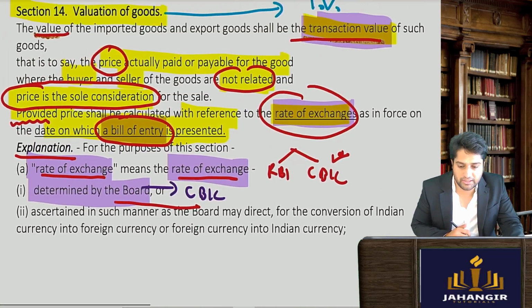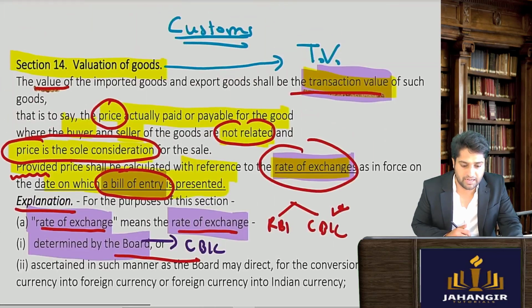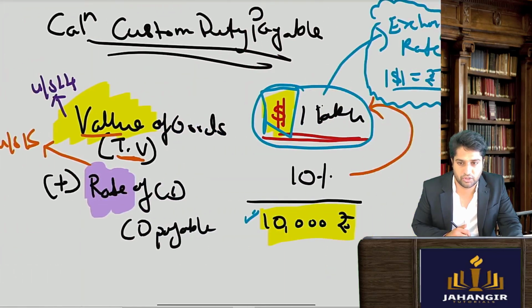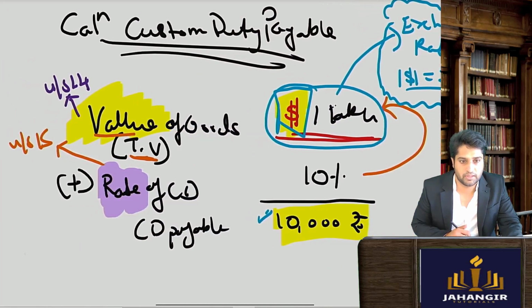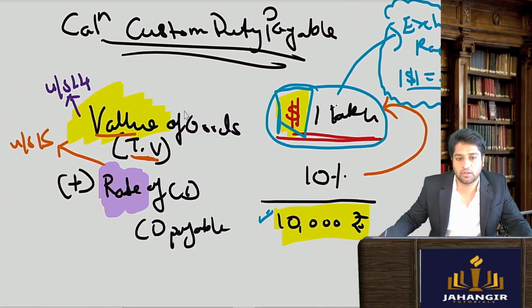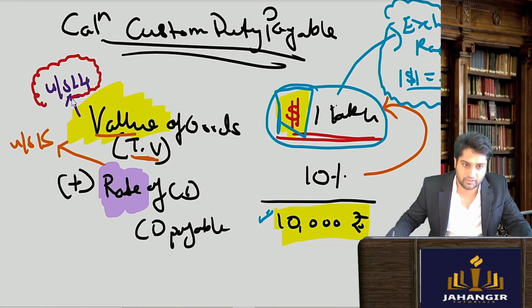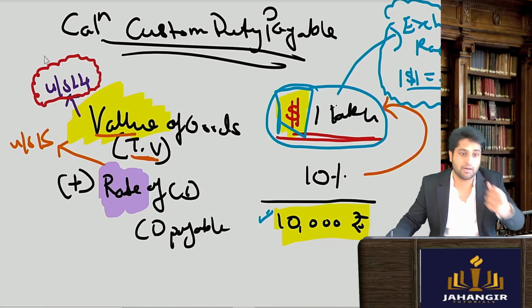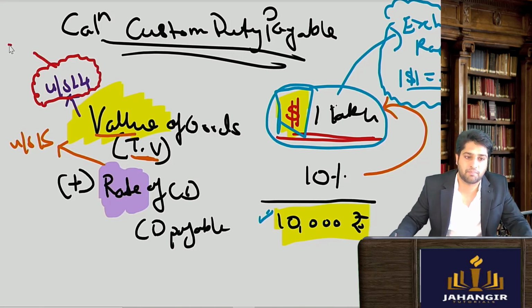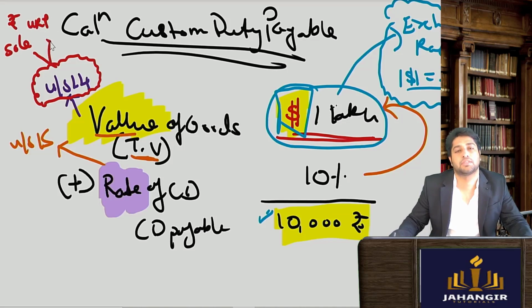Now, we have finished the valuation part, that is Section 14. Section 14 is applied only when price is the sole consideration and parties are unrelated persons.